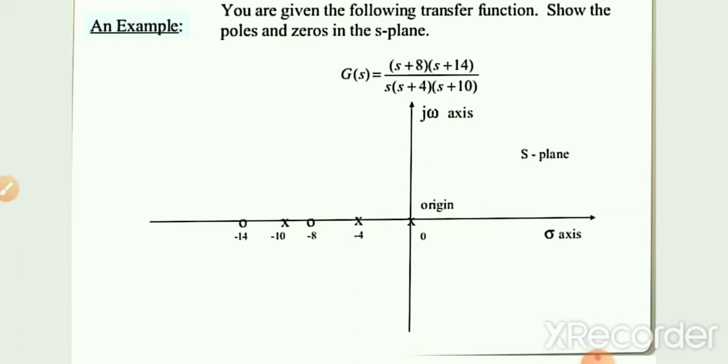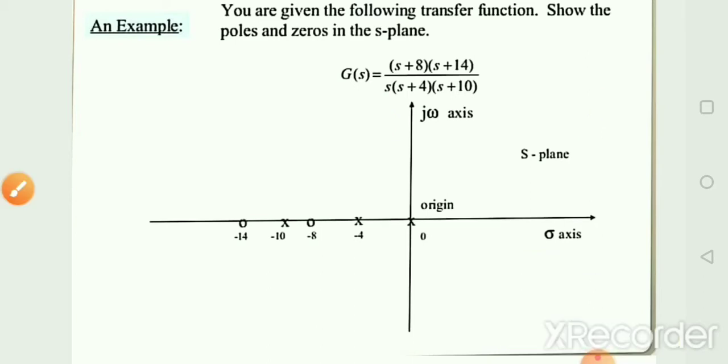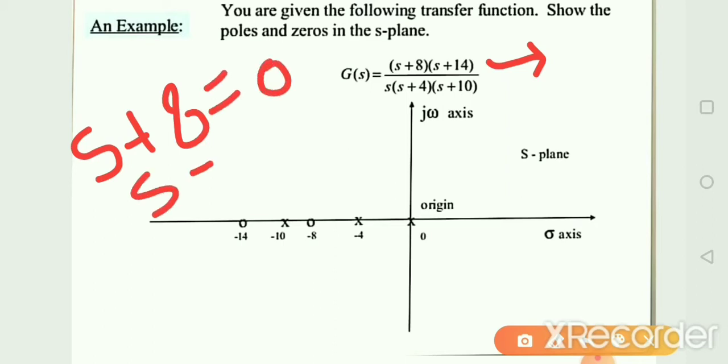If you see an example, the following transfer function shows poles and zeros in the s-plane. Here this is the s-plane, this is the real axis and this is the imaginary axis. For zeros, s plus 8 equals 0, so s equals minus 8, and similarly s equals minus 14.